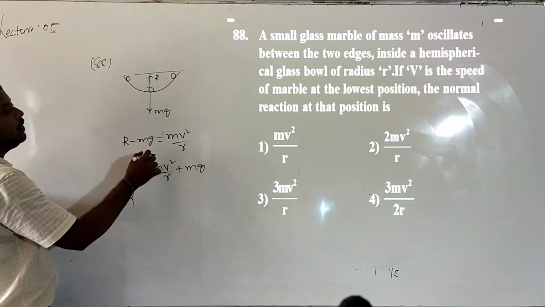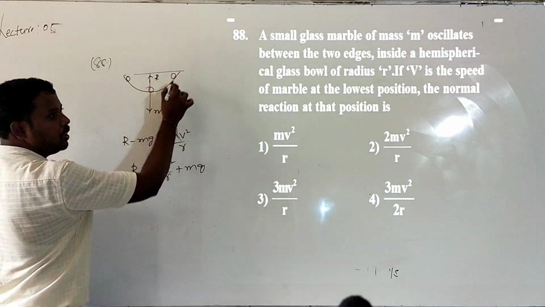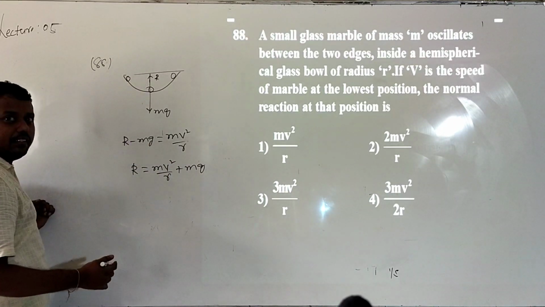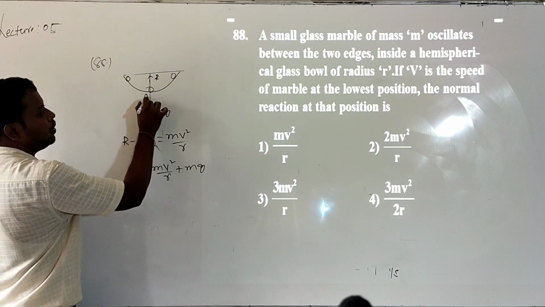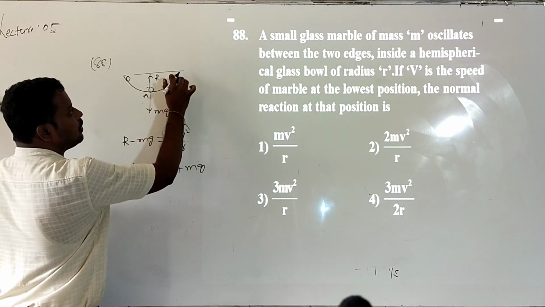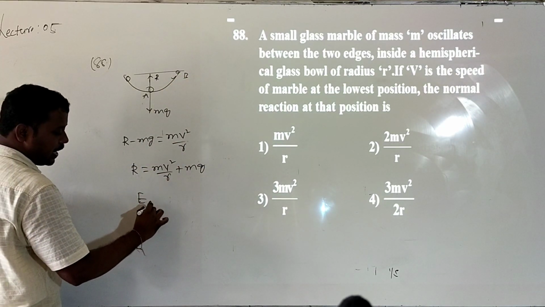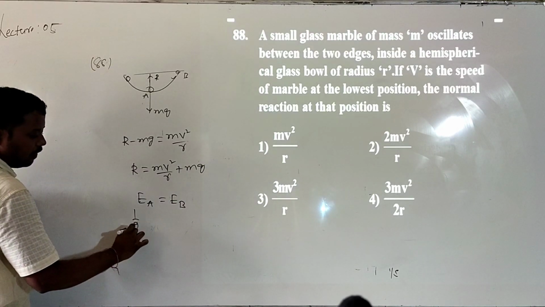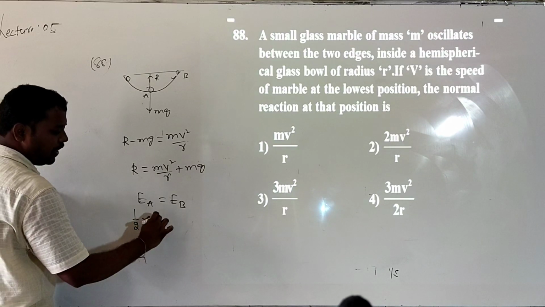How can we write it? Actually, what is the maximum angular displacement up to which the ball is going? The ball is going at an angle of theta equal to 90. Whenever the theta value is equal to 90, we are able to show this. If I call this point A and the highest point of this journey B, according to the law of conservation of energy, EA is equal to EB. So EA is equal to 1 by 2 into m into V square.